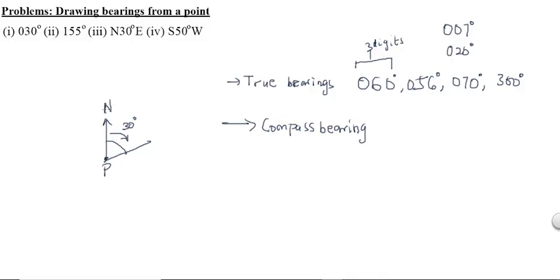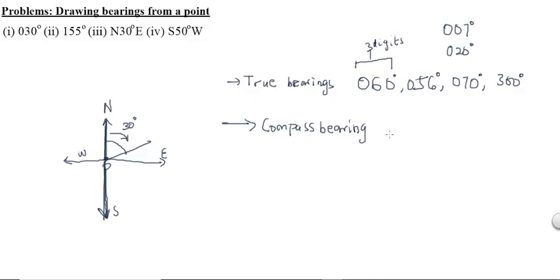Speaking of the north, there are other cardinal points that you're going to be dealing with where you're dealing with bearings. Apart from the north, you are going to deal with the west, the east, and the south. This is also where compass bearing comes from. Since true bearing is just for the north, the compass bearing deals with both the south and the north. It considers both the south and the north when you're measuring angles.